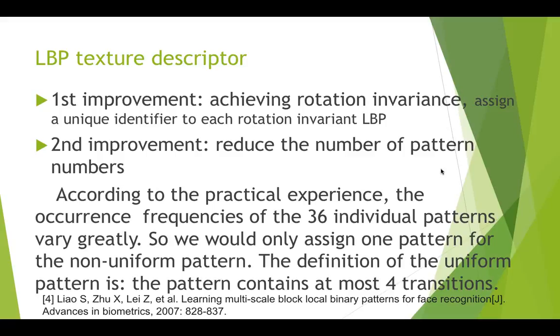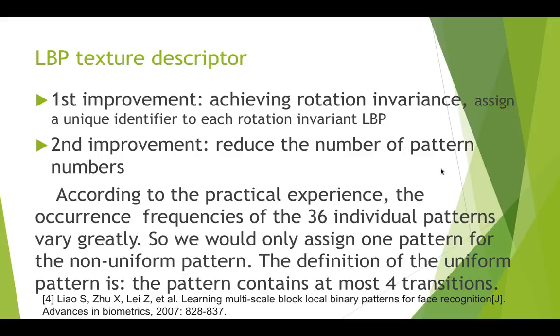This idea is motivated by the fact that some binary patterns occur more commonly in texture images than others. A local binary pattern is called uniform if the binary pattern contains at most two 0-1 or 1-0 transitions. For example, 00000010 is a uniform pattern, but 01010101 is not.